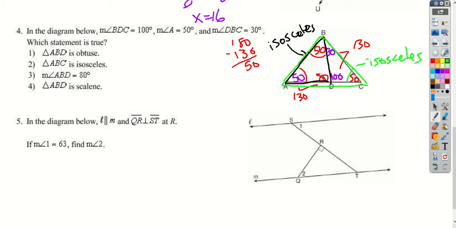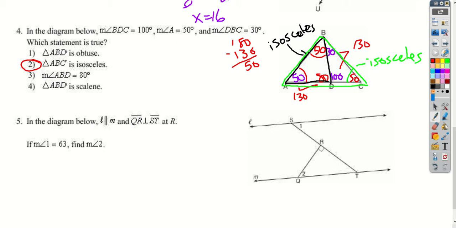So we see ABC is isosceles, ABD is obtuse, which is false, it should be an angle more than 90. ABD is 80, which is not 50, and ABD is scalene, which it's not because it has two angles congruent, so it's got to be choice 2.